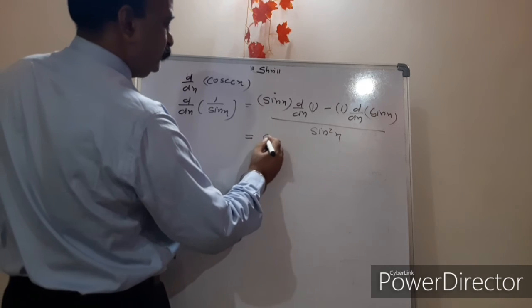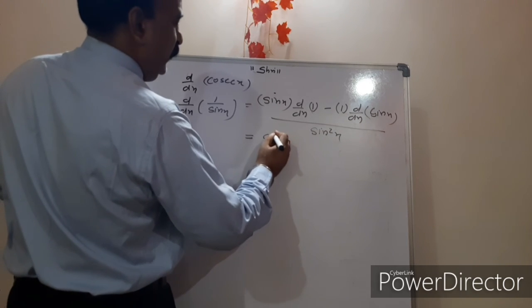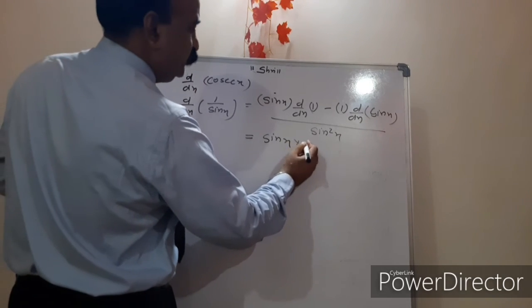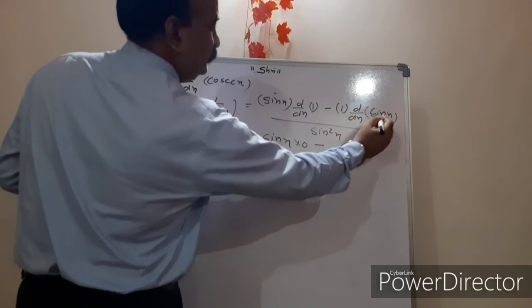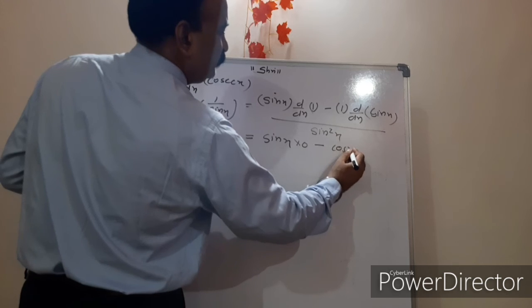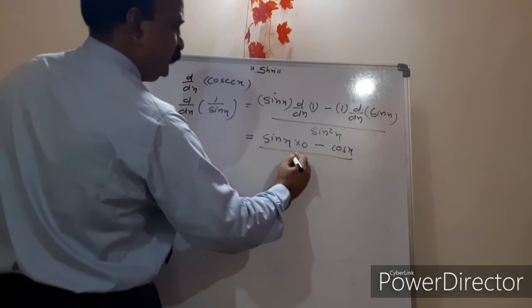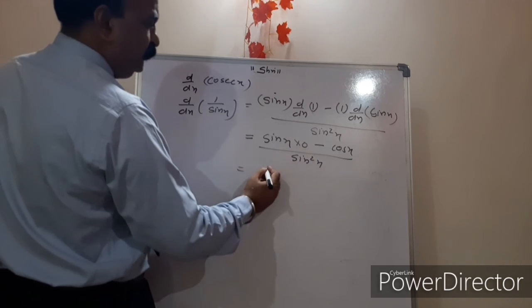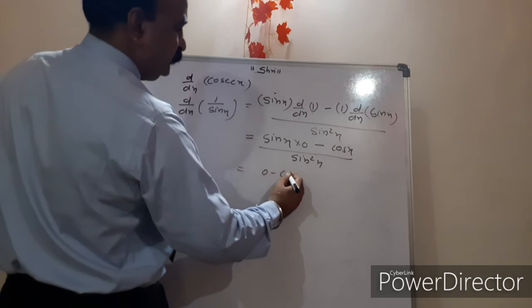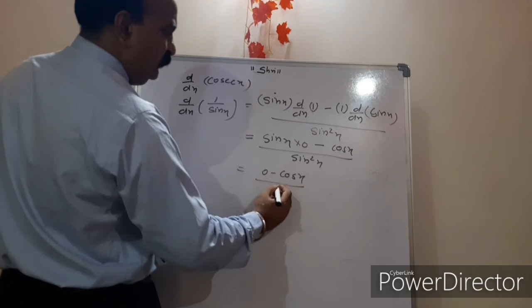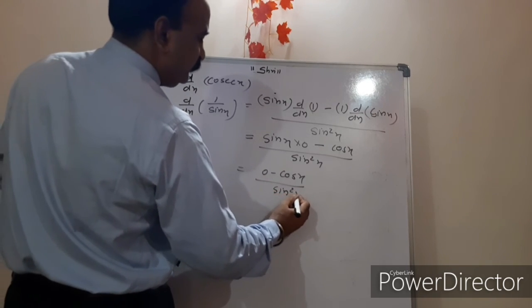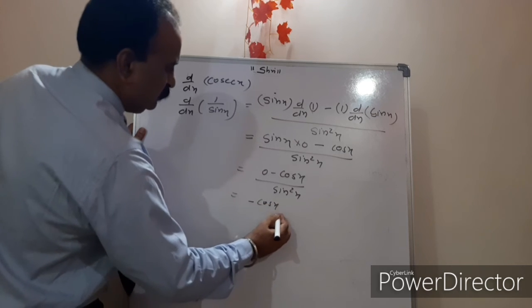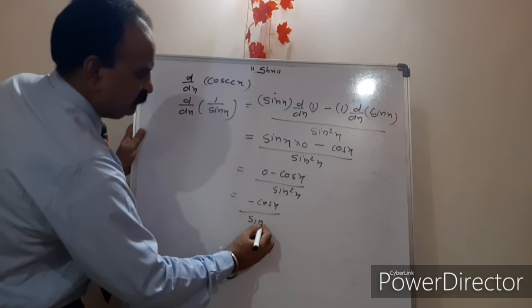Sin x into 0 is 0, minus d/dx of sin x, which is cos x, upon sin square x. So you can write minus cos x upon sin square x.